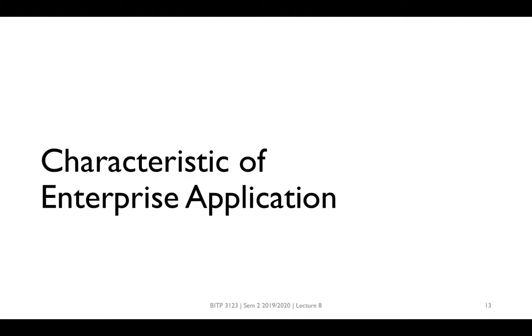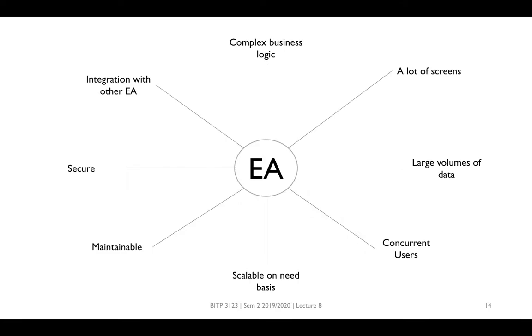Just now, we have seen the definition and examples of EA and examples of non-EA. Now, let's have a look at common characteristics of EA. An EA application will have most, if not all, the characteristics shown here.